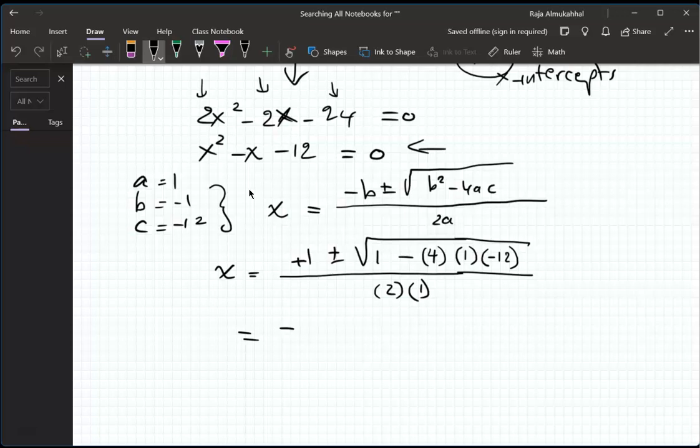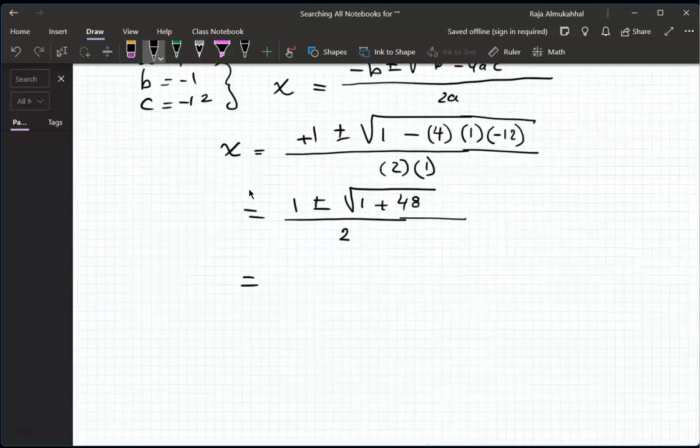So I have 1 plus or minus, and then we have 1 plus 4 times 12. Remember, there is a minus and a minus. It becomes a plus. That's why there is a plus here. And then 4 times 12 is 48, over 2.